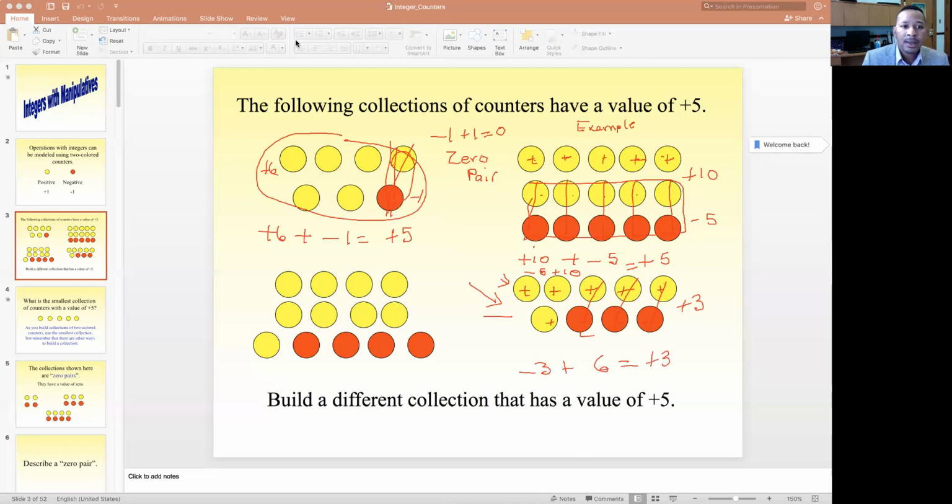Next time, when we get to continue this lesson, we'll look at a series of problems where we have the sum being negative and what happens when the sum is negative.